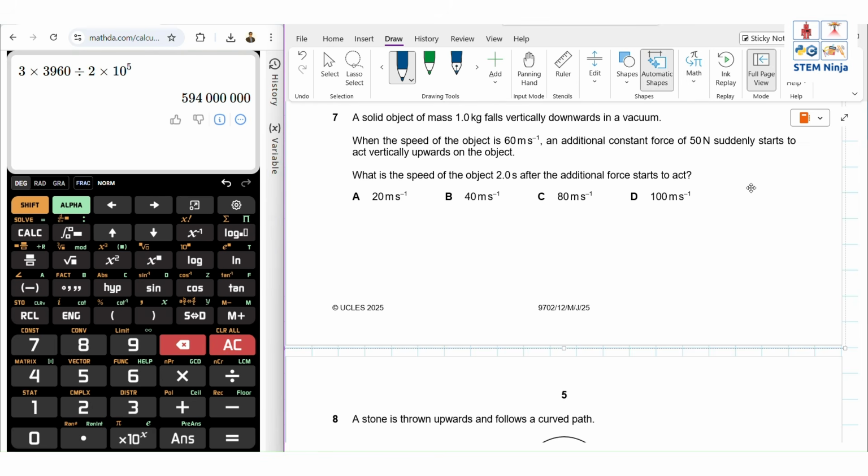Okay, so basically what's happening is this is the object which has the weight mg, since m is 1, so we are just going to write g. The force now acts 50 newtons upwards. So we have sigma F equals ma, second law of motion basically.